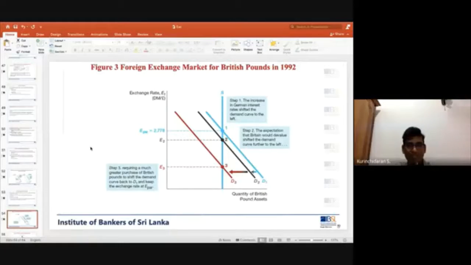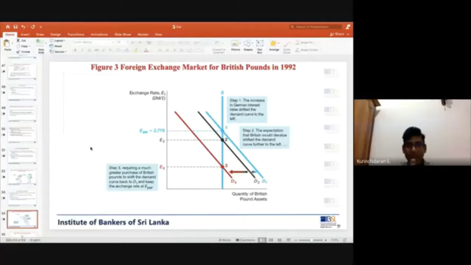Now this is the exchange rate on the y-axis, and on the x-axis it's the quantity of British pound assets. The increase in German interest rates shifts the demand curve to the left. So what will happen?